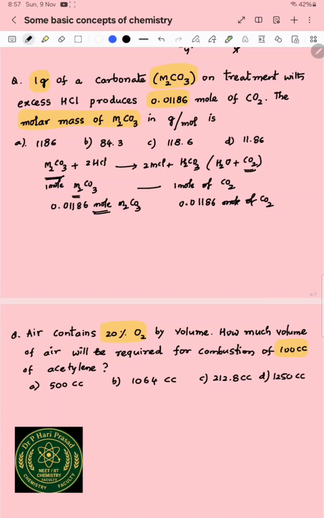Then what is being asked, student? The molar mass of M2CO3. Now the number of moles of M2CO3 is equal to weight divided by molar mass. The weight is given as 1 gram. The number of moles I got is 0.01186.